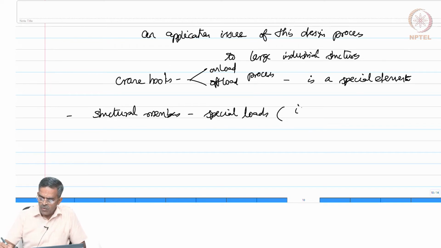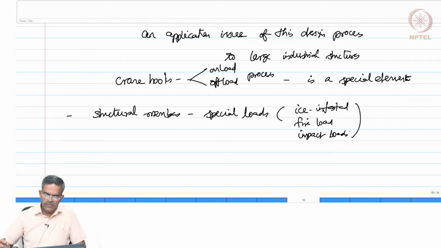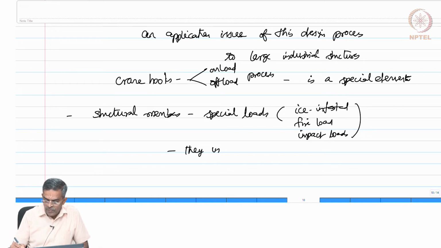I talk about only ice infested loads, fire loads and impact loads as special loads. When structural members will be encountering special loads, they induce unsymmetric bending.